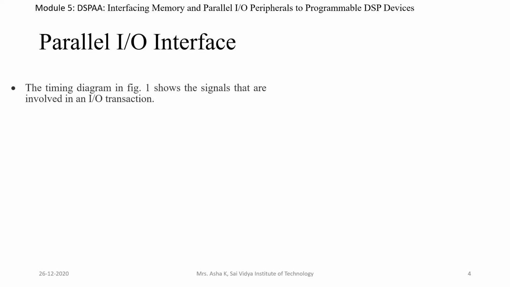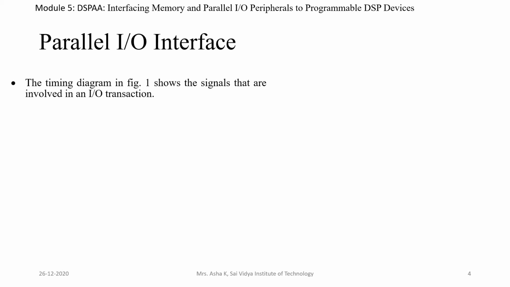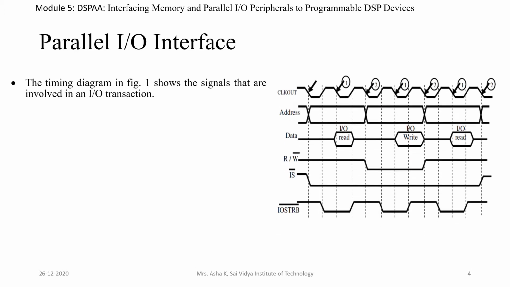The timing diagram of figure 1 shows the signals that are involved in an input-output transaction or interfacing. Here we have clock out, address lines, data lines, read/write bar, input-output select bar pin, and input-output strobe pin.